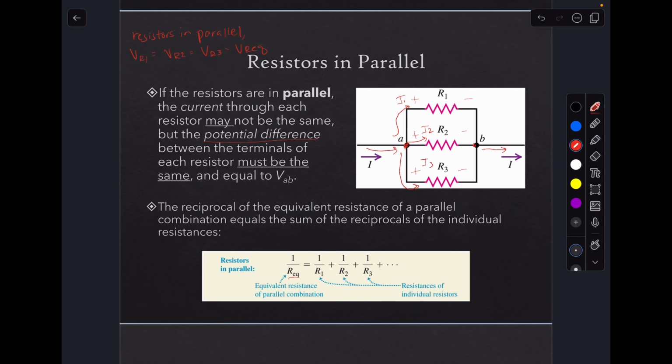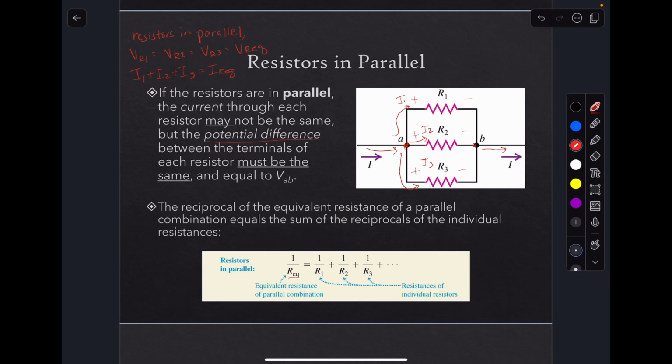So the current through each resistor is not equal, but they add up to the current through the equivalent resistance. For resistors in parallel, I1 plus I2 plus I3 will equal I equivalent.